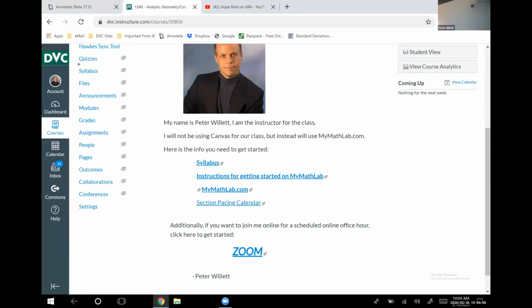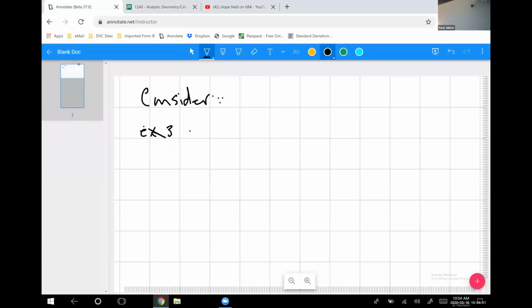Hang on. Here we go. On page 598. It says, consider the following sequences. So looking at part A, it shows, okay.